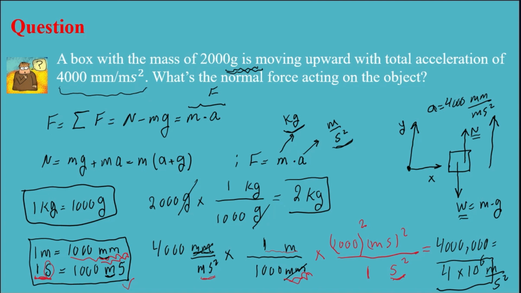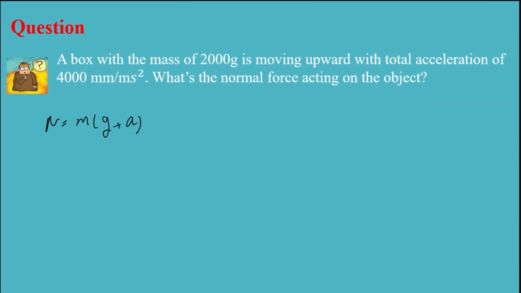Now I need to find the normal force. So far I calculated the mass and acceleration. So this is the equation I ended up with. I found mass as 2 kilograms, right? We know that g is 9.8 meter per second squared, but approximately 10, so I'm going to assume this is 10.